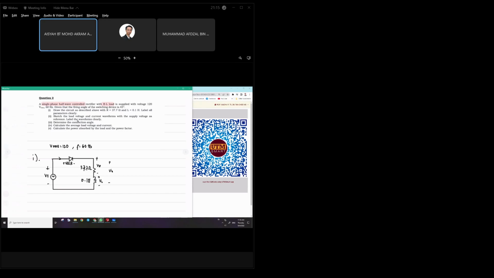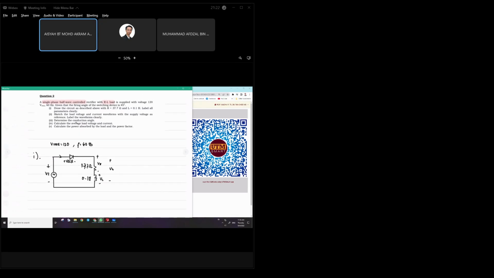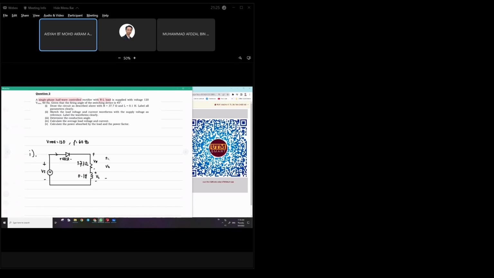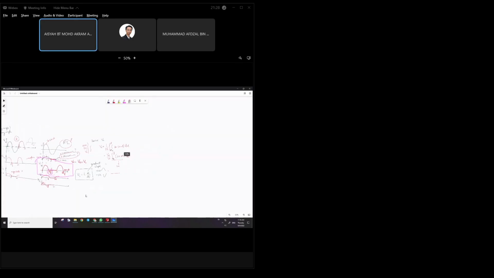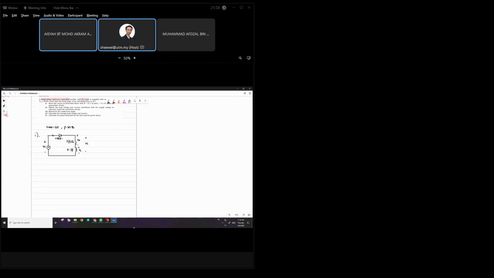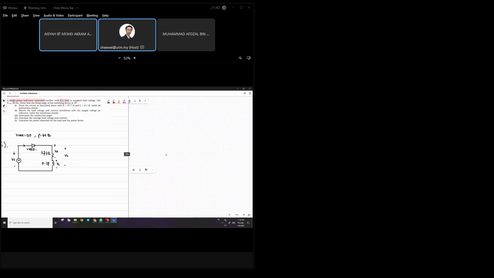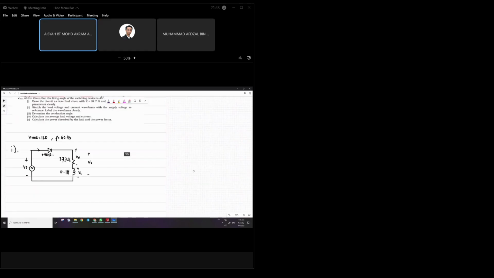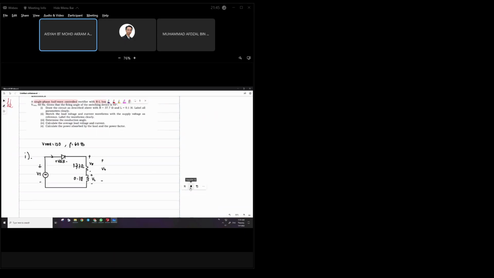What I understand from this question is it talks about the single phase half wave control, meaning the half wave, using RL load. RL load means that we have R and L, resistor and inductor.